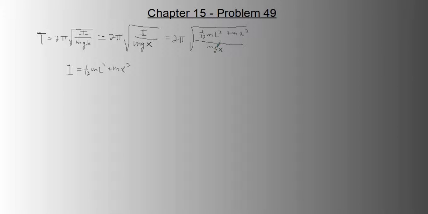You're probably already thinking we've got to take the derivative of this with respect to x. I'm going to do it out because it's kind of fun. But first, let's simplify. The m's cancel, and this becomes 2 pi, and I'm going to rewrite the square root as to the 1/2 power. I'm going to split this up: L squared over 12gx plus x over g, because this x cancels with one of these x's, all raised to the 1/2 power.